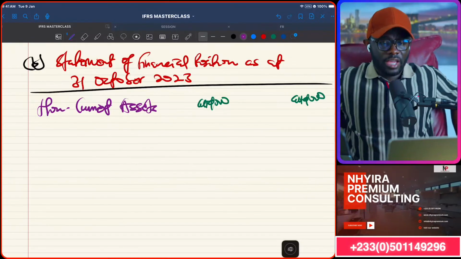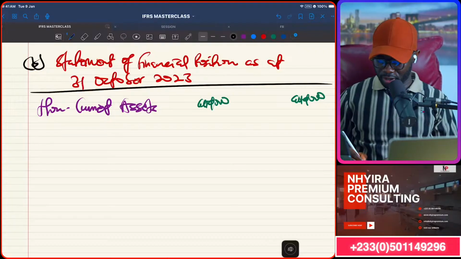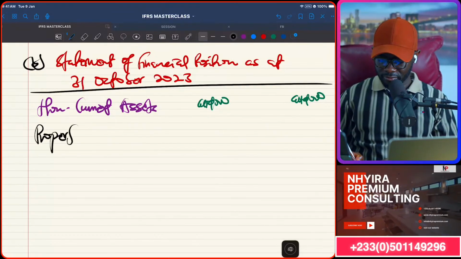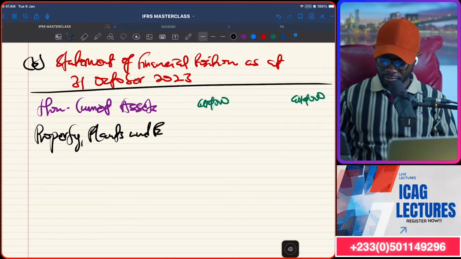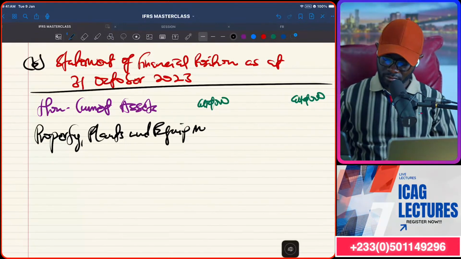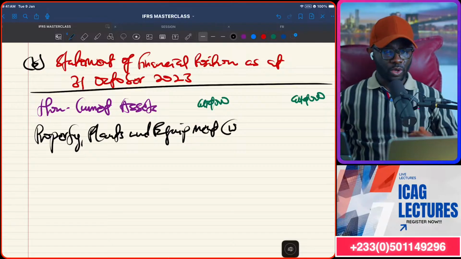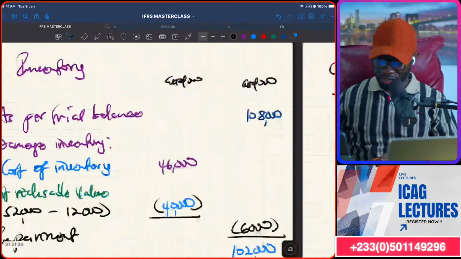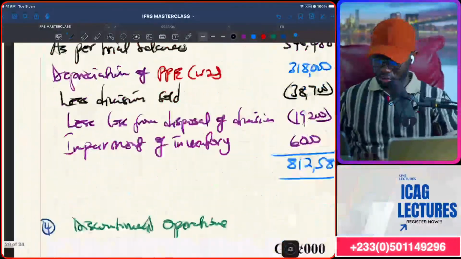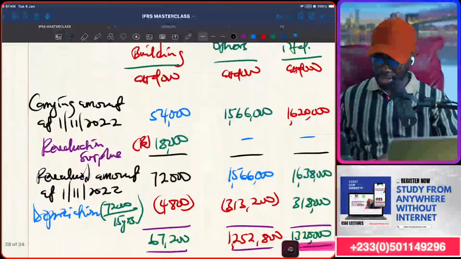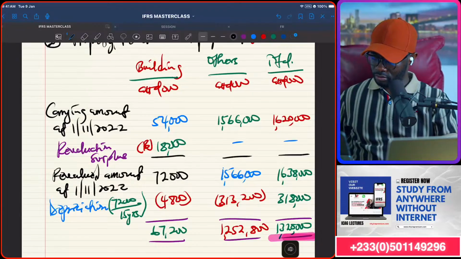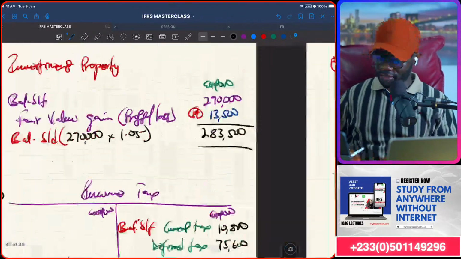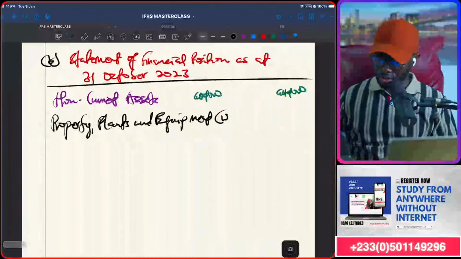So under non-current assets, we bring property, plant, and equipment. We worked for this, so let's go pick it up from workings 2. If you remember, 1,320,000. So that's going to come here.